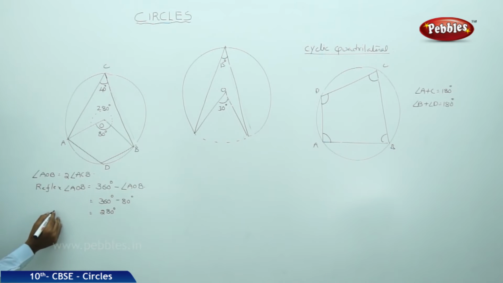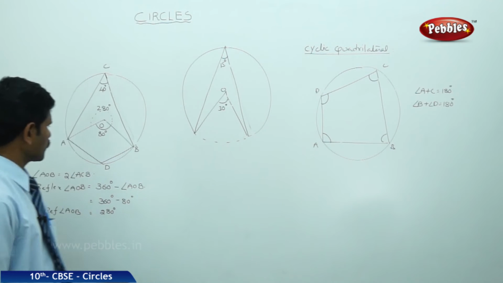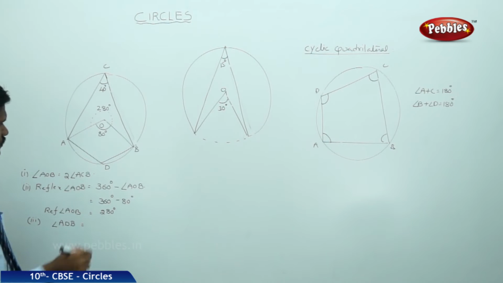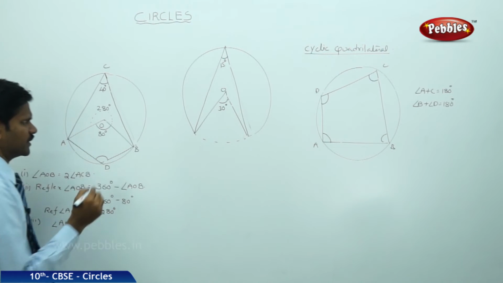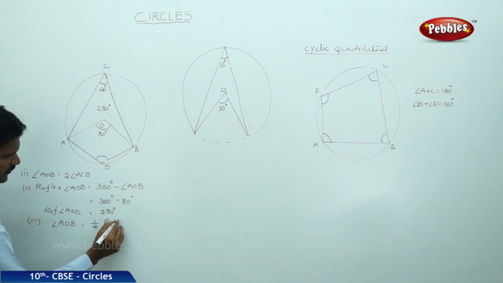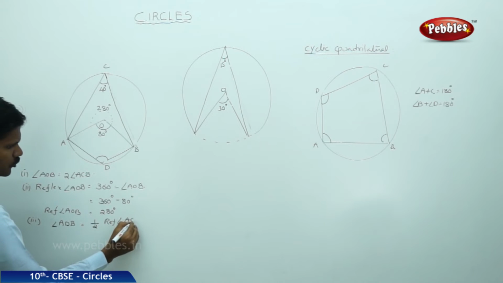Now, reflex angle AOB is the second one. Now the third one. How to find angle ADB? Angle ADB is half of reflex angle AOB.